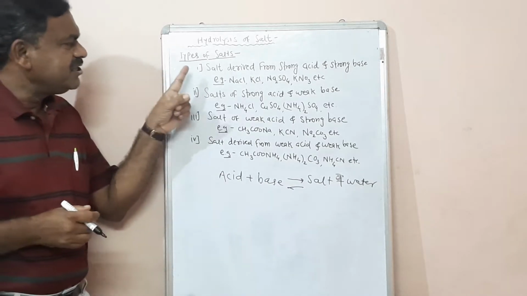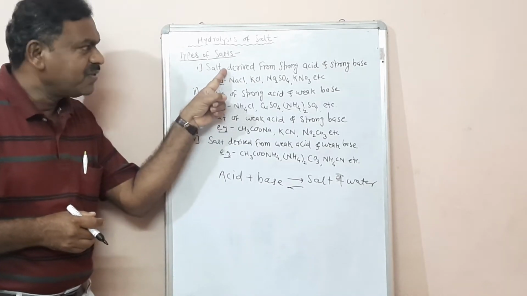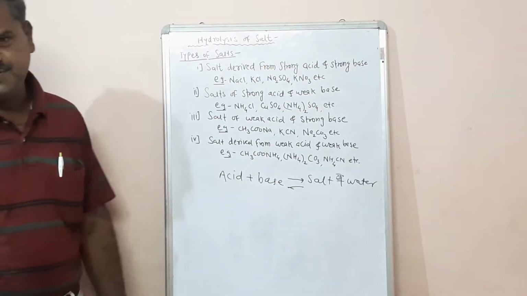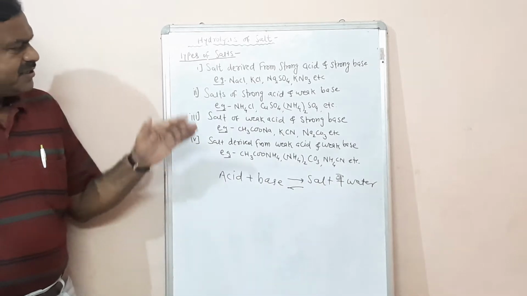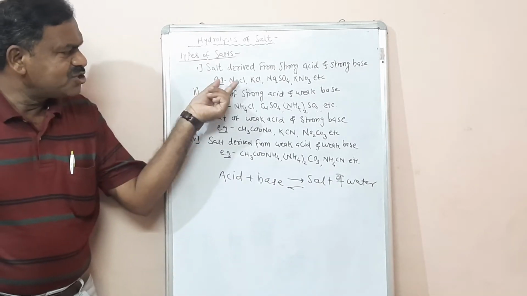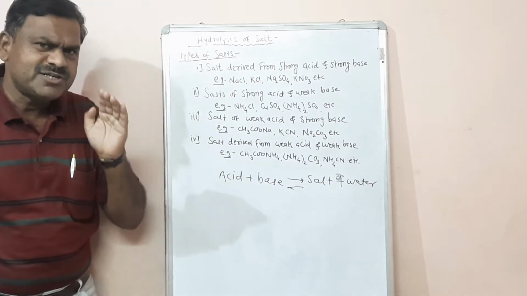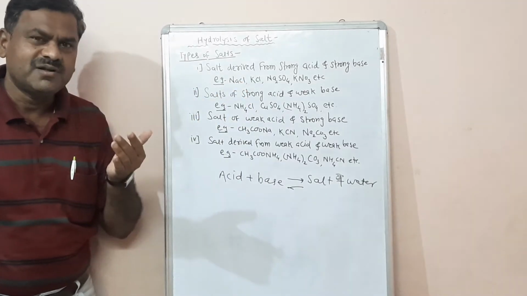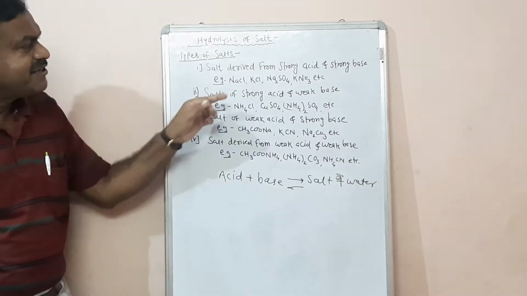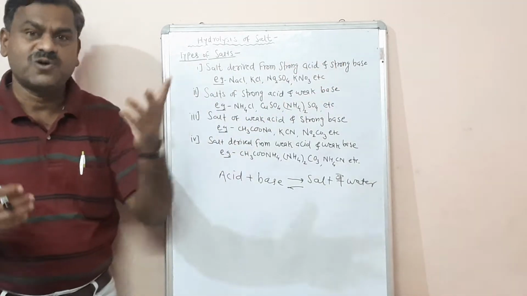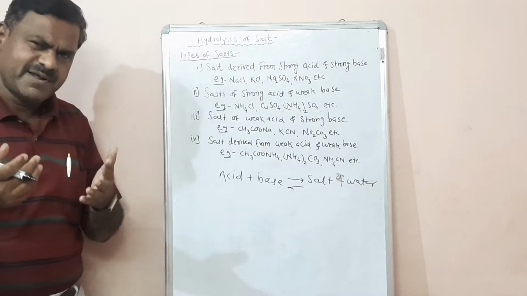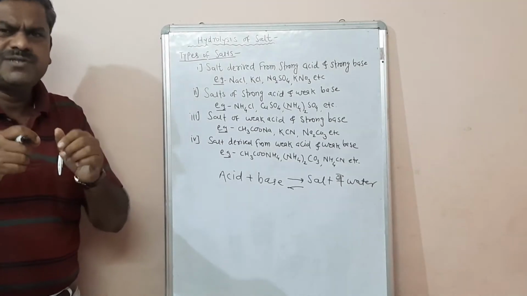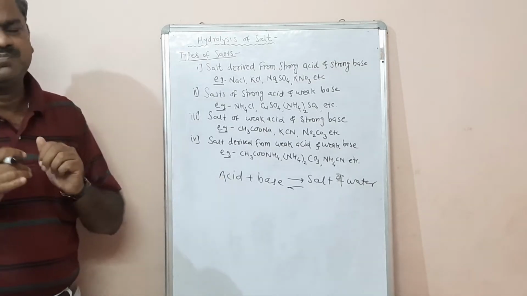First is the salt derived from strong acid and strong base. For example, sodium chloride is one salt. KCl, potassium chloride, is also a salt. These are salts of a strong acid and a strong base. We will explain one by one.